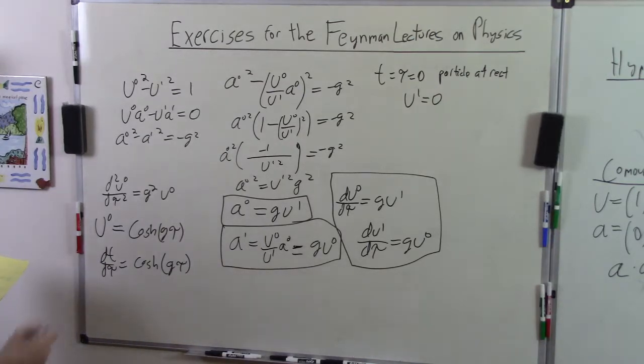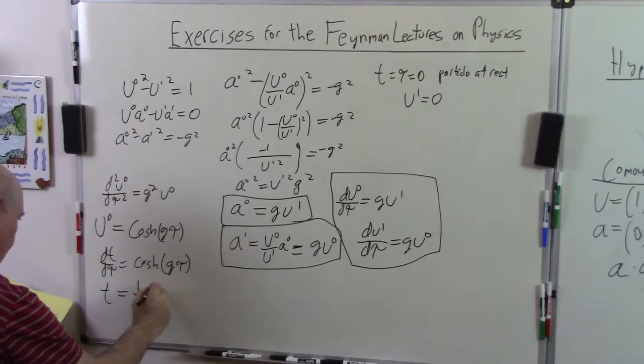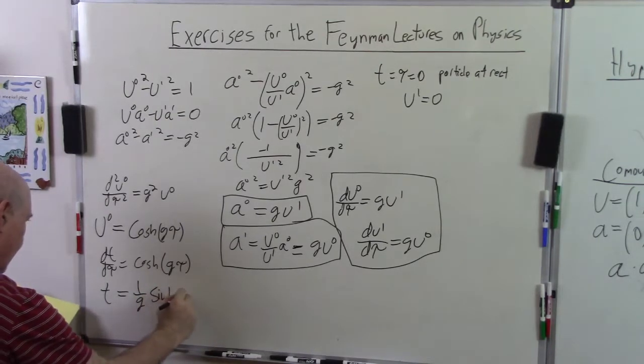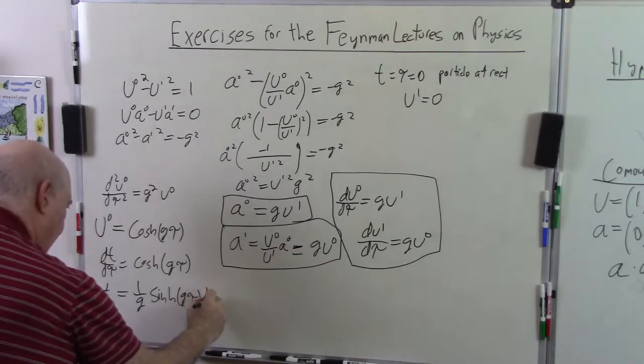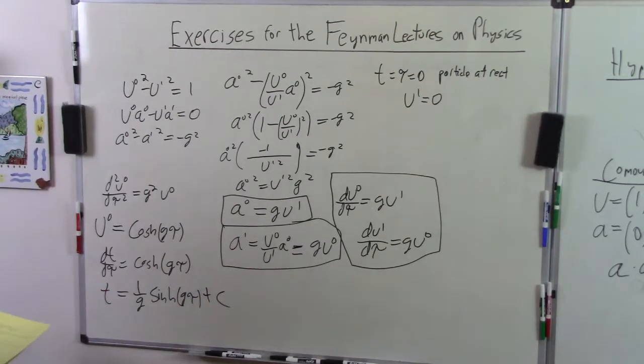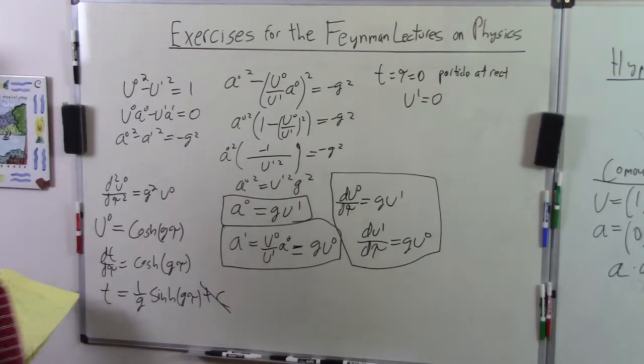And we can integrate this directly. So we can get the time coordinate. T is 1 over G hyperbolic sine Gτ plus a constant. But again, when τ equals 0, we want t equals 0. So this constant is 0. So we don't need that.